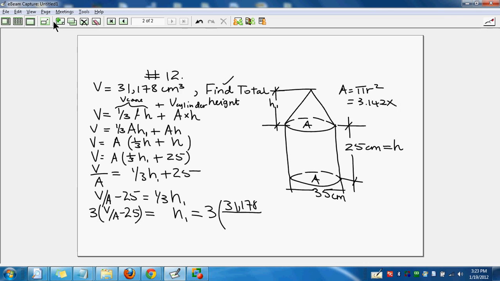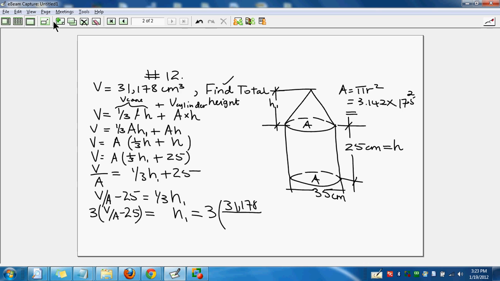What is the radius of this? The radius of this will be 35 divided by 2, which is 17.5. So that'll be pi r squared, because this is the diameter, right? That's the diameter. We don't want the diameter, we want the radius in this equation. So we have to divide 35 by 2 to get the radius, and then you square it. Okay?